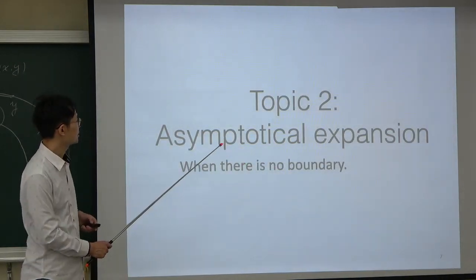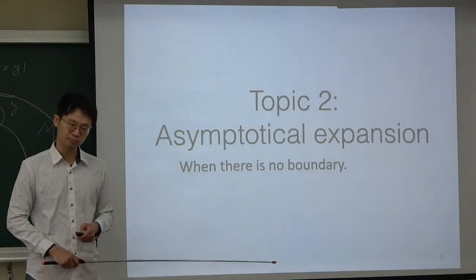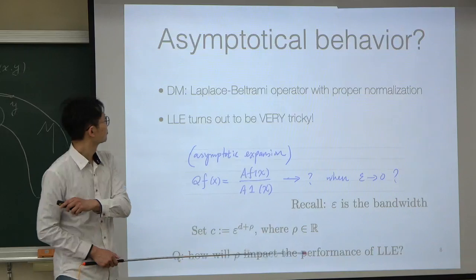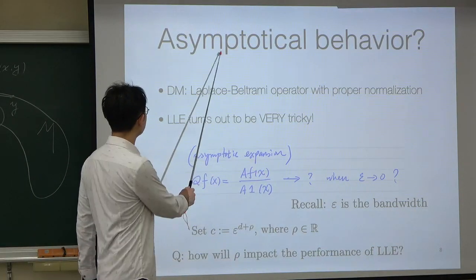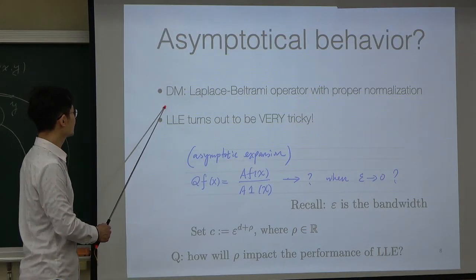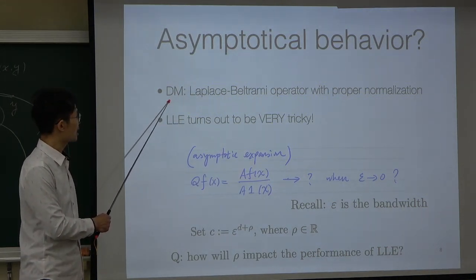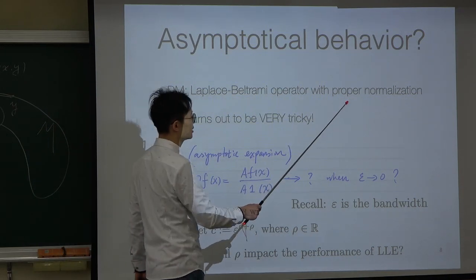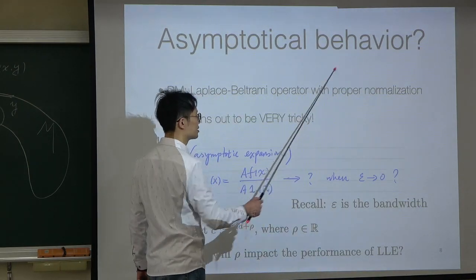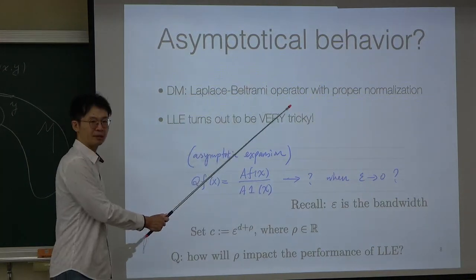So now let's continue with the second topic, the asymptotic expansion when there is no boundary. What do we really get of the LLE matrix? If you recall, when we discussed diffusion maps, we know that asymptotically, a diffusion map under the manifold setup, if you do some proper normalization, which we called alpha normalization, which reduces the impact of the non-uniform sampling, then you will get the Laplace-Beltrami operator.